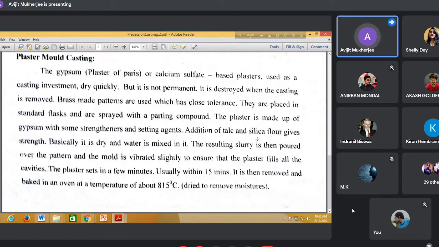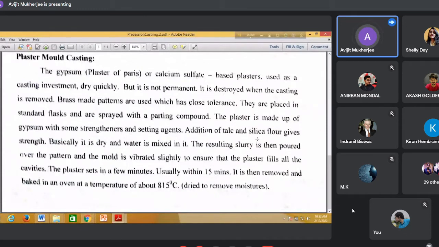But if it is a very flat surface with no intricacy, then if you prepare a very fluidic mass, it will not serve your purpose. So it depends. It is vibrated to ensure the flow of metal into every nook and corner and cavity, and then allowed to settle for a few minutes.